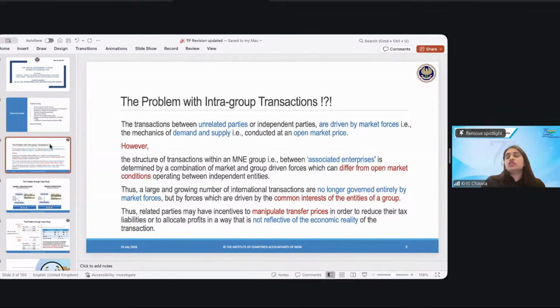Now, at this stage, you should know the difference between tax avoidance and tax evasion. Tax evasion is illegal and punishable under the Act. If an enterprise indulges in tax evasion and tries to minimize its tax liability, a fine or penalty is imposed under the Act, or there could be imprisonment in certain cases.